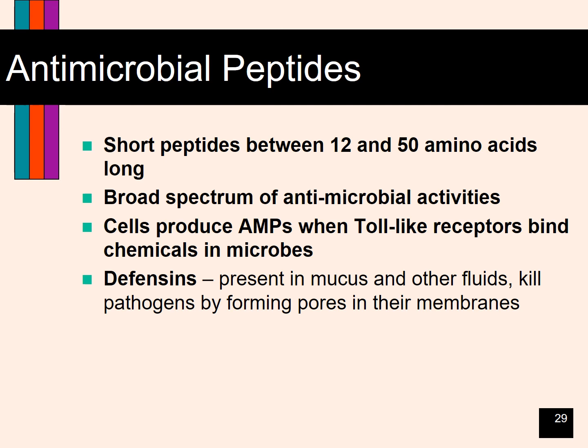So you can see how these different parts of our innate immunity work together. Defensins are actually antimicrobial peptides. They are present in our mucus and other fluids, and they would kill microbes by creating pores, which would cause cytolysis.